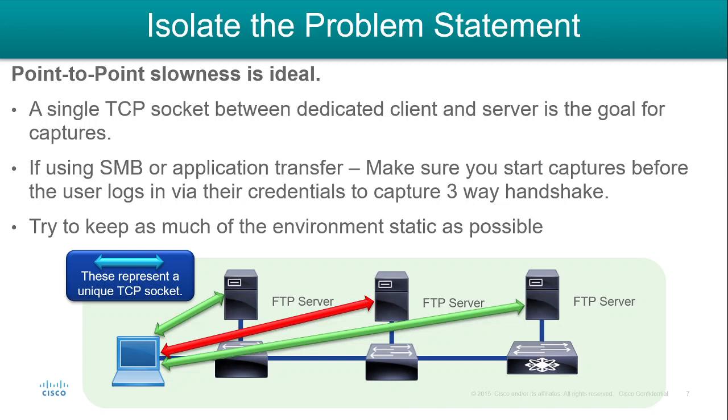And based on the transfer speed, they're using that to measure whether or not it is fast versus slow. If you run into a scenario like this, my recommendation is always encourage the customer to try to get the packet captures before the customer logs into the network share. And the reason is we're going to try and capture the three-way handshake whenever possible, and we'll talk about why that's so important in the coming slides.